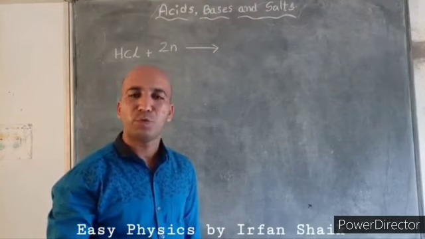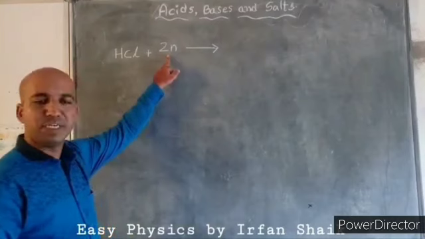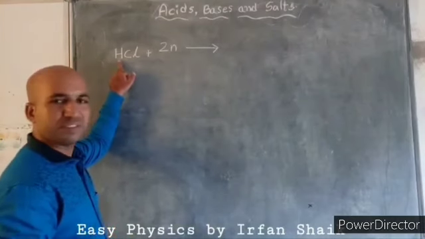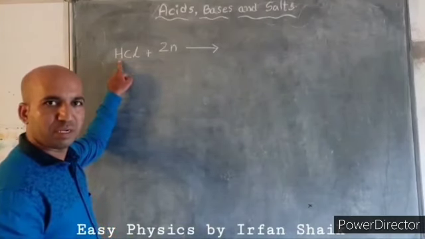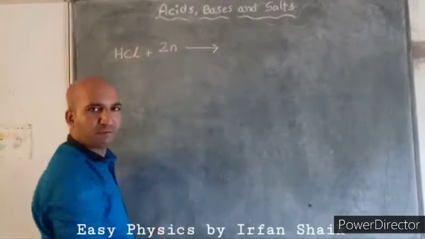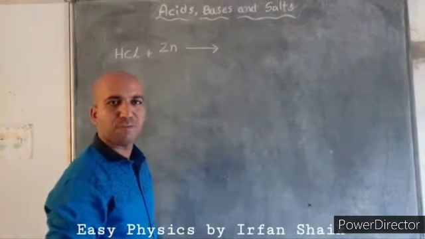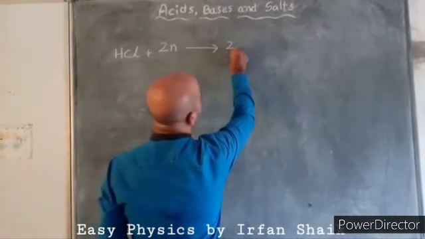Here the hydrogen gas has been evolving. That means this zinc metal replaces hydrogen in HCl. Then zinc chloride will form in the test tube and hydrogen gas will be evolved from the test tube. So zinc chloride.